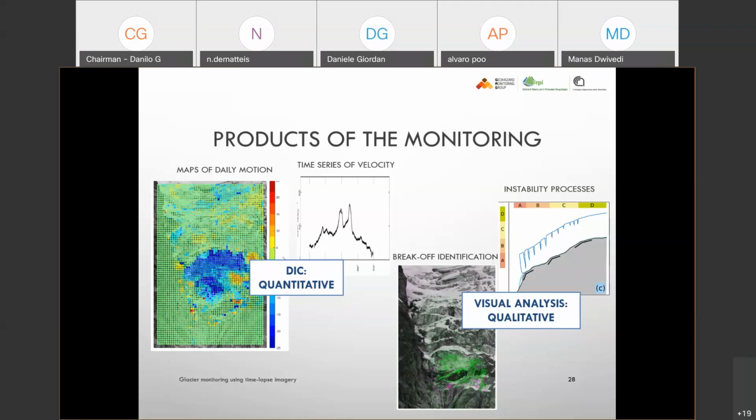And then there is the visual analysis of the pictures that provides a qualitative investigation of the processes and of the glacier behavior, and in particular the identification of the break-offs and the observation of the opening of the crevasses, for example.